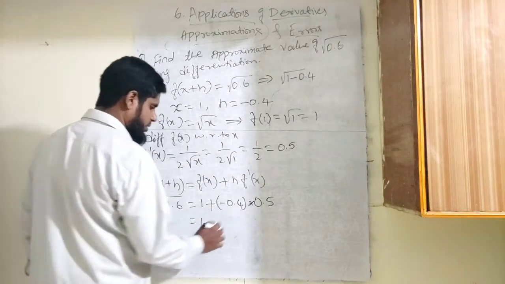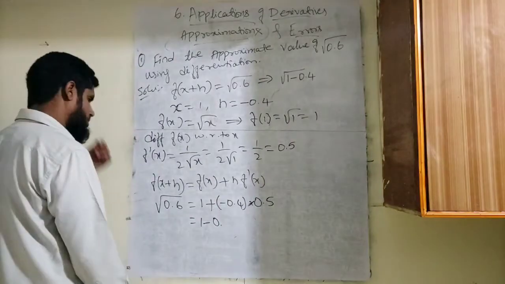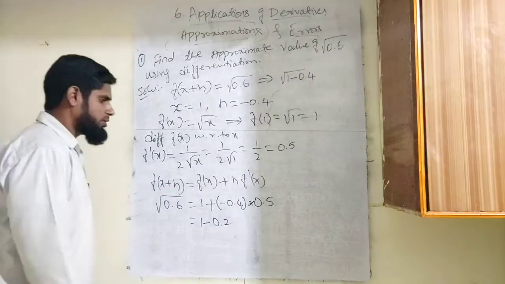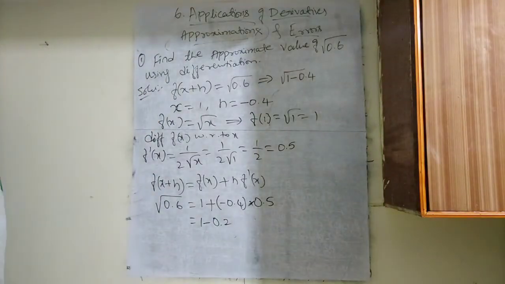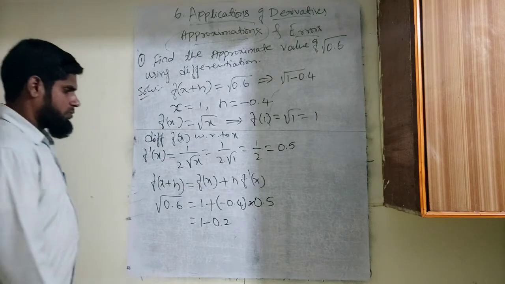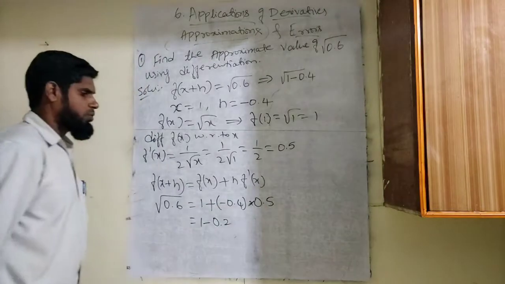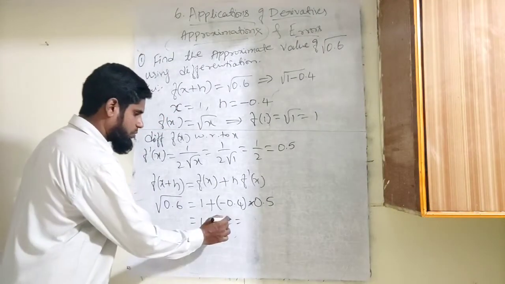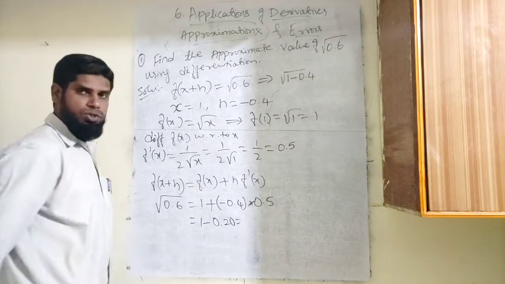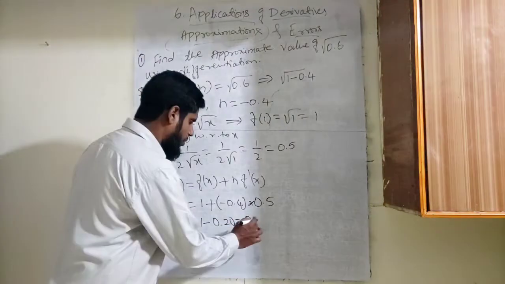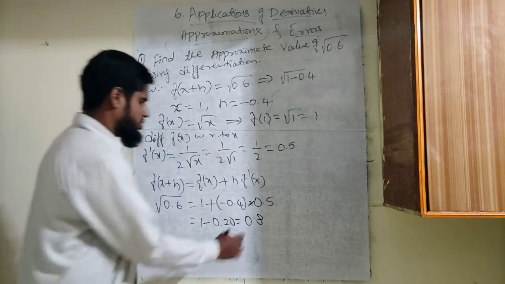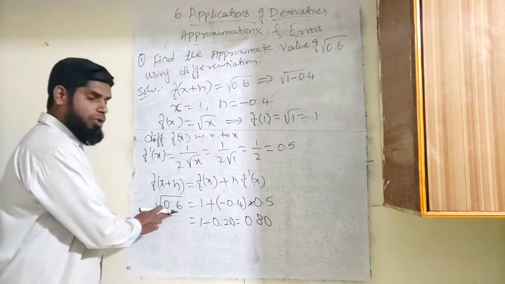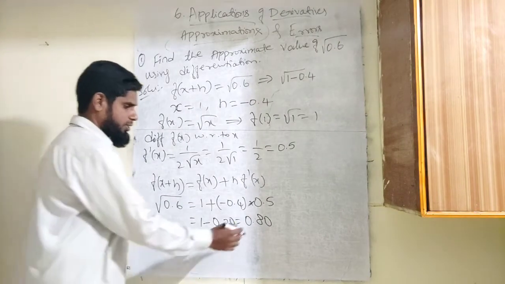Plus into minus, minus. It is 0.2. So the answer here is 0.20. So 1 minus 0.20, we can write it is 0.80. So this is the approximate root of 0.6.